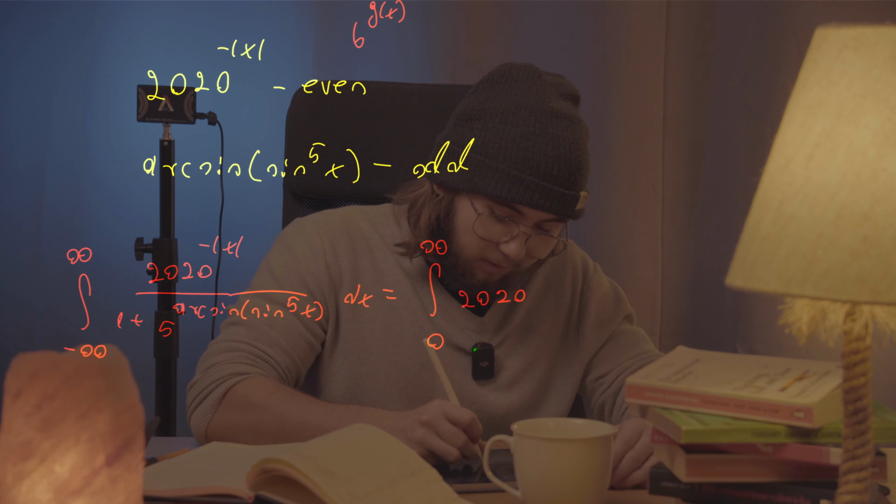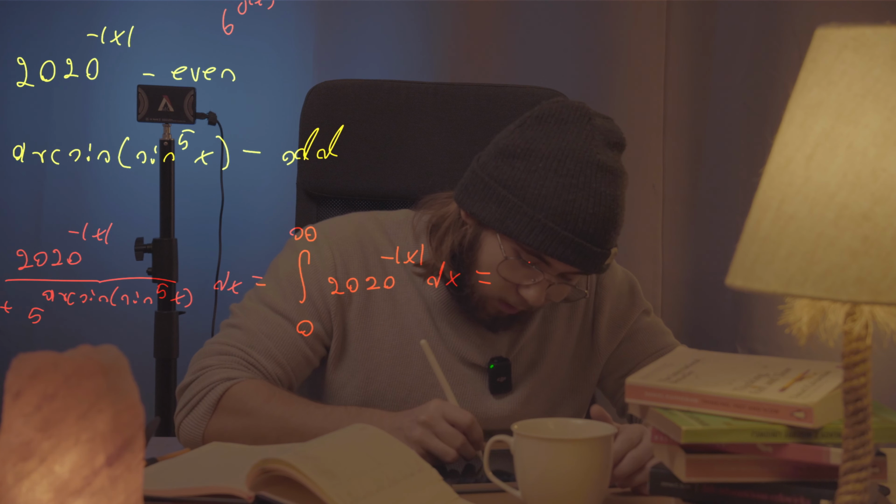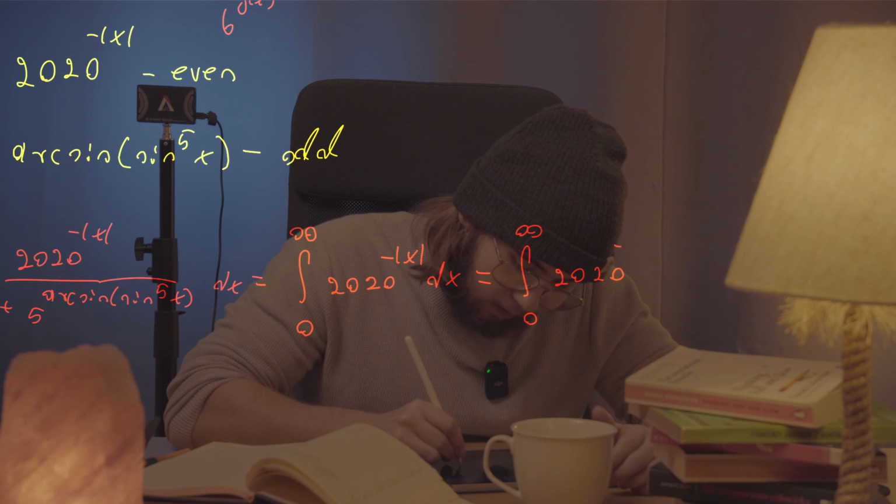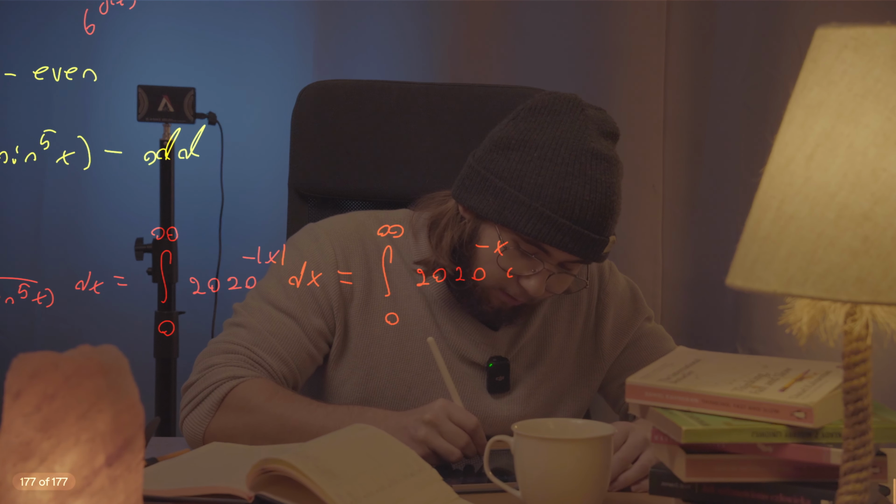But now, well, we see that whenever x is between 0 and positive infinity, the absolute value of x is just x, so we can drop it and just rewrite this integral as the integral from 0 up to infinity of 2020 to the power of negative x dx.